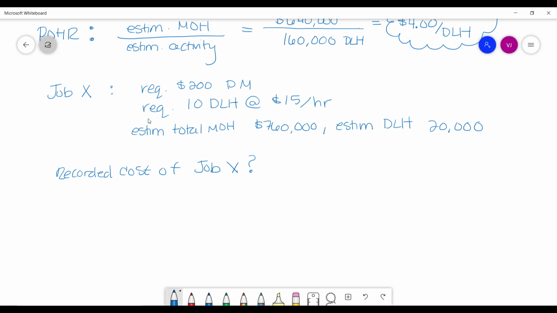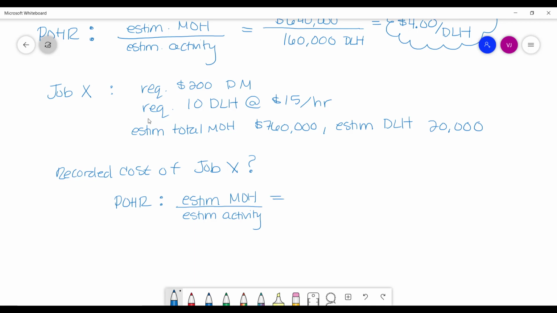How would we go about figuring that out? Well, before we do anything, the best thing to probably do from the get-go is to figure out what the plant-wide or factory-wide overhead rate would be, the predetermined overhead rate for the entire company. Okay, so remember, our POHR is the estimated manufacturing overhead divided by the estimated activity level or the allocation base.